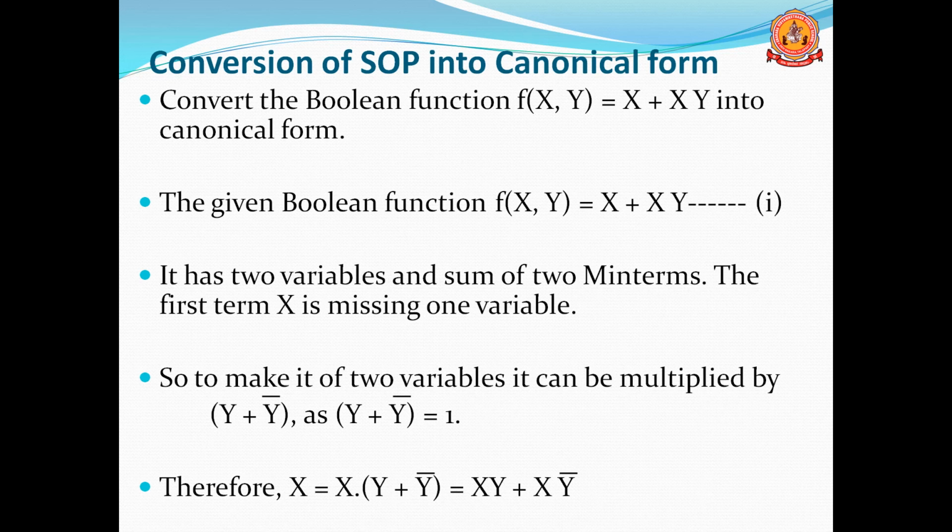If you multiply with 1, it remains the same. So x equals x dot (y plus y dash), which equals x dot y plus x dot y dash. So it is xy plus xy dash. See, x is changed to xy plus xy dash.